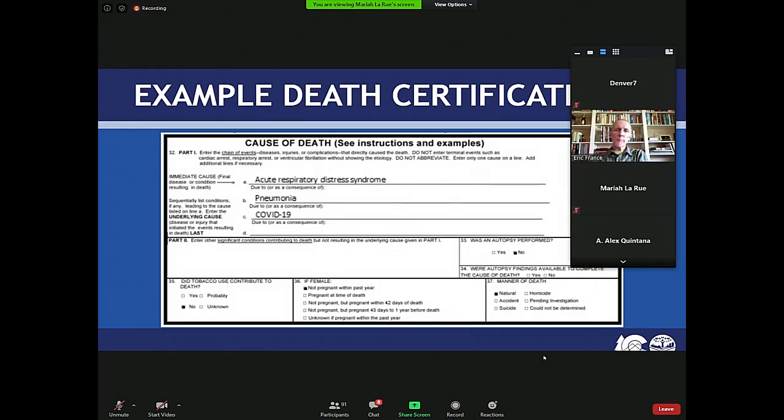One thing I did want to make sure folks were aware of is that the information as collected on the death certificate as a legal document, again, is the best medical opinion of the certifier, the coroner, physician, or medical examiner who's completing this. CDPHE does not alter or change this information in any instances, certainly not unilaterally.